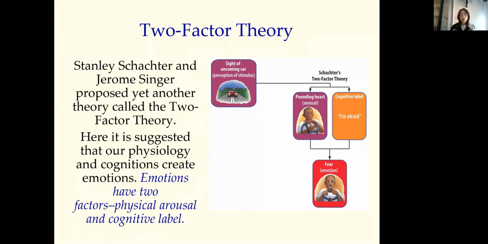So the two-factor theory depends on labeling the physiological experience, which is, of course, a type of cognitive appraisal. So we have the physiological reaction, the pounding heart, and we label it as I'm afraid, and then we feel fear.